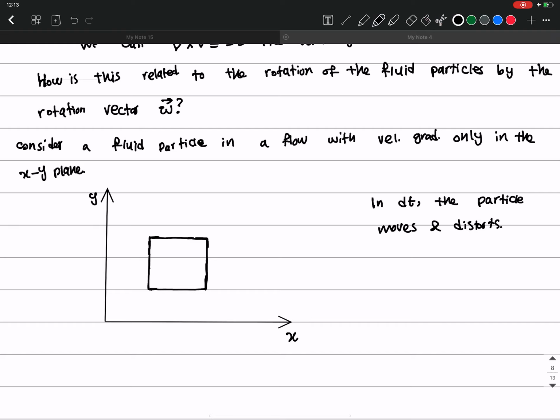So we want to see how much this particle is actually rotated.